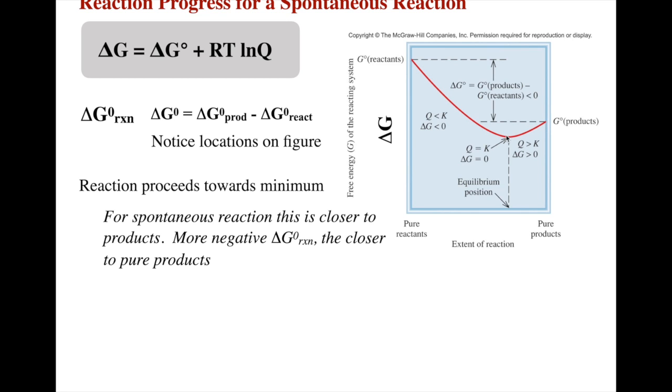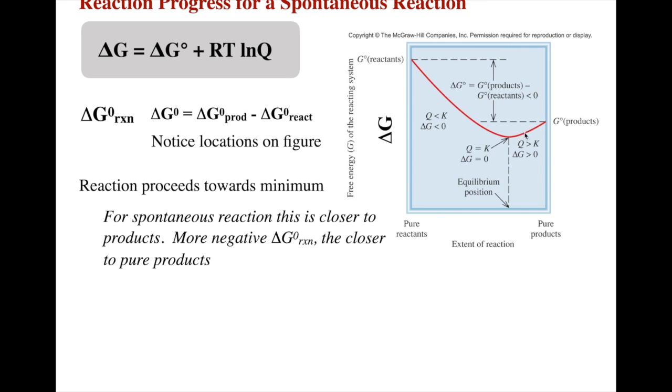And then if we proceed beyond that towards products, Q becomes greater than K. At this point, delta G changes its sign. From here all the way down to the minimum, delta G, products minus reactants, is negative, but it becomes less negative, less negative, less negative until we reach the minimum, and delta G is 0.